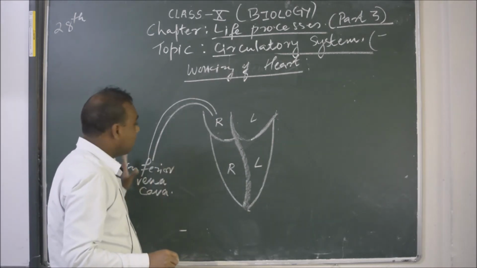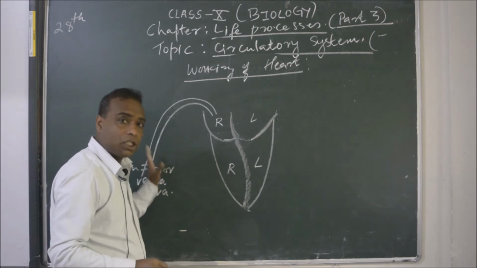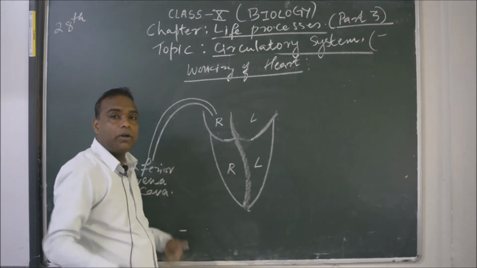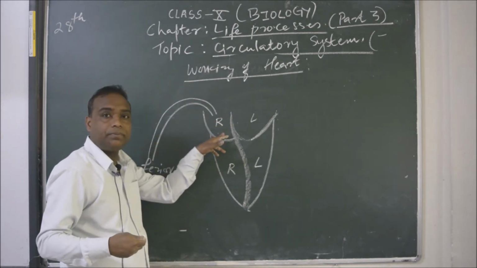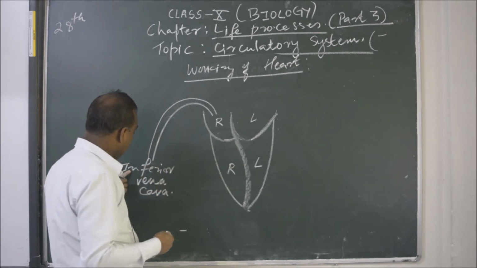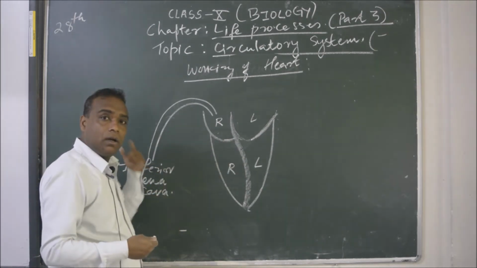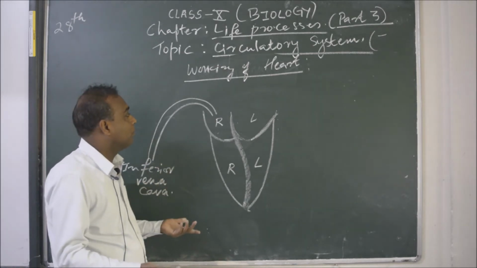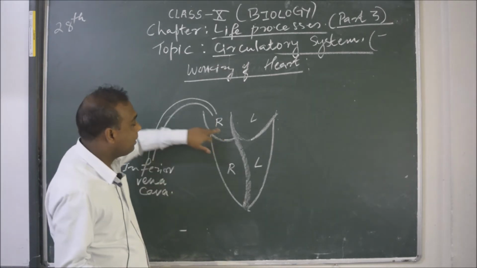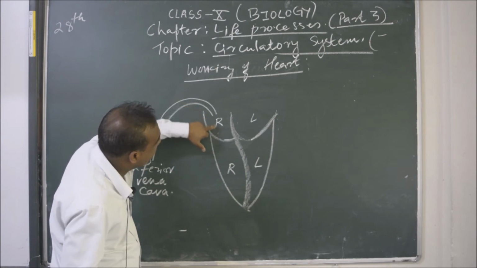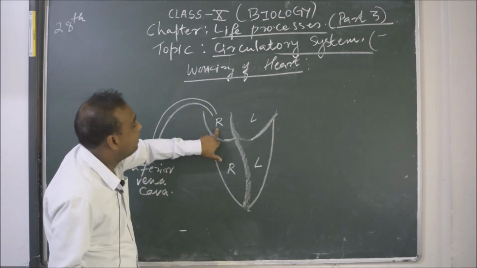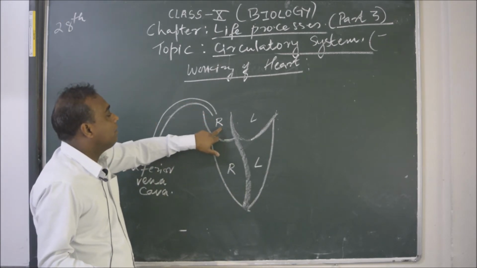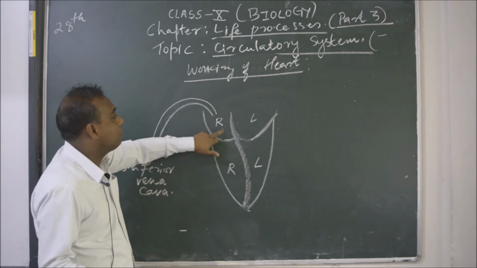This inferior vena cava brings the blood from the body to the heart. You have to remember, the inferior vena cava brings the blood from the lower part of the body towards the heart. Now where is it bringing it? It brings the blood into the right atrium. This is the right atrium.